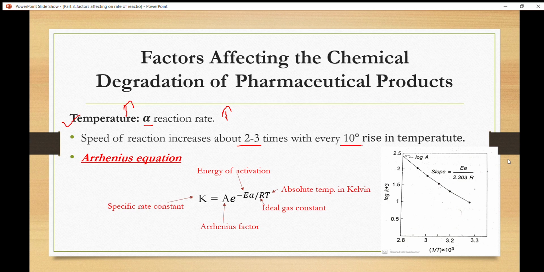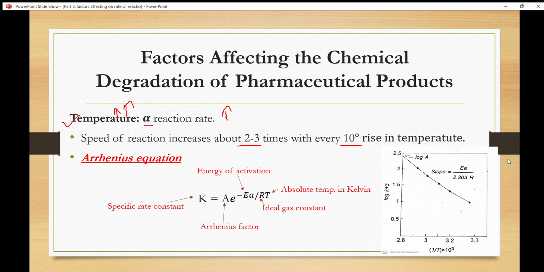As we increase the temperature, the kinetic energy of the molecules also increases, and due to this increase in kinetic energy, the collision between two molecules also increases, and as the collision increases, the rate of reaction also increases.